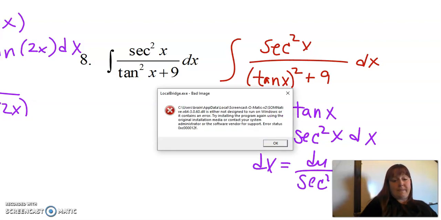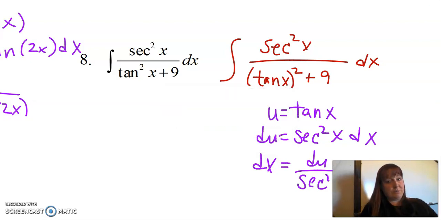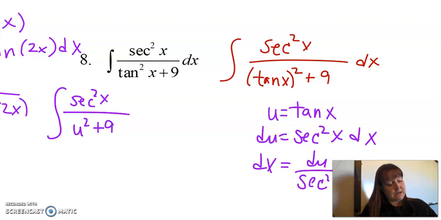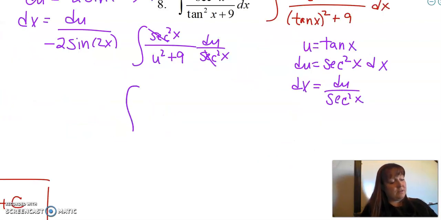So I end up with the integral of secant squared x over u squared plus 9 du over secant squared x. My secant squareds cancel out, and I end up with 1 over u squared plus 9 du.